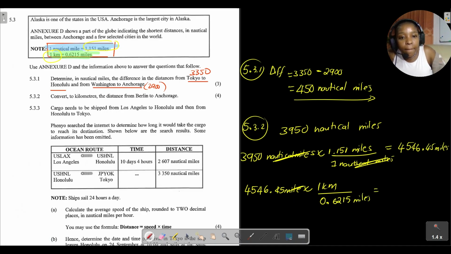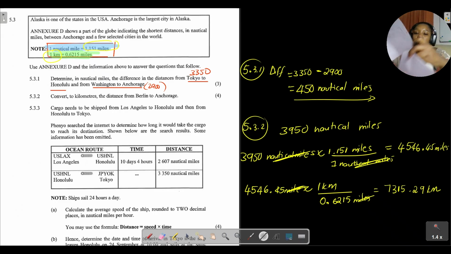Miles cancel. 4,546.45 multiplied by 1 divided by 0.6215. What do we get? Your answer is 7,315.29 kilometers. I'm just going to keep it at 2 decimal places. That's now our final answer in kilometers.